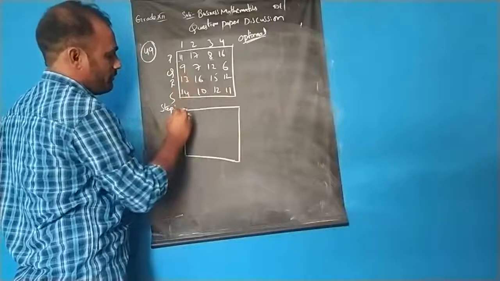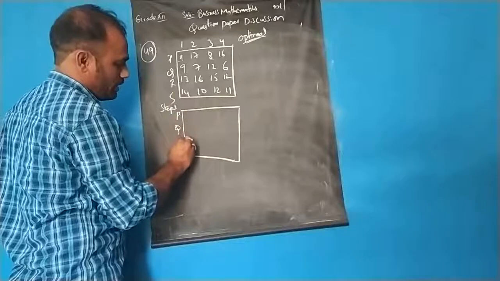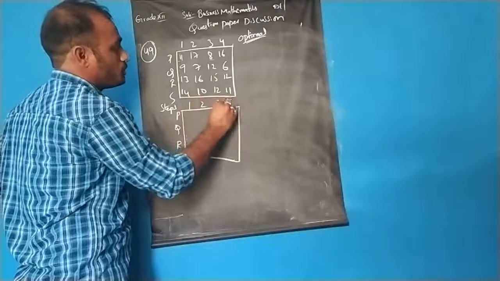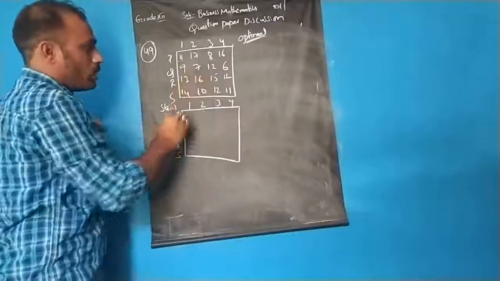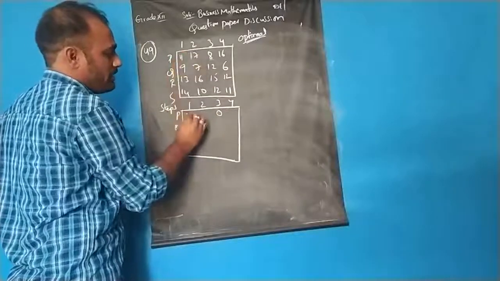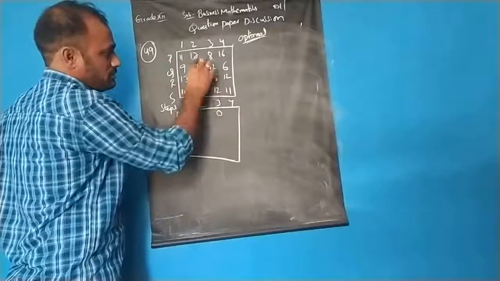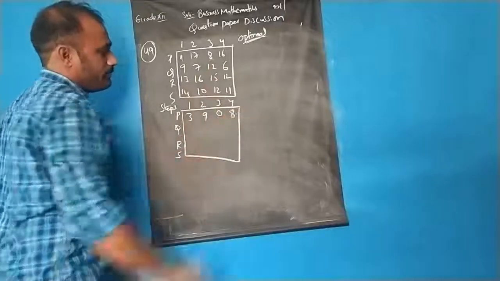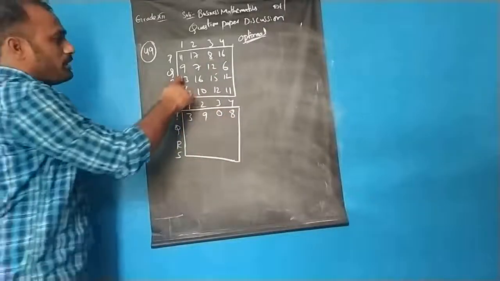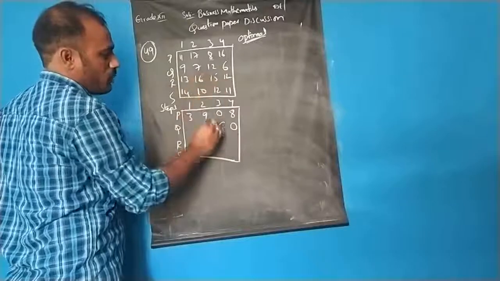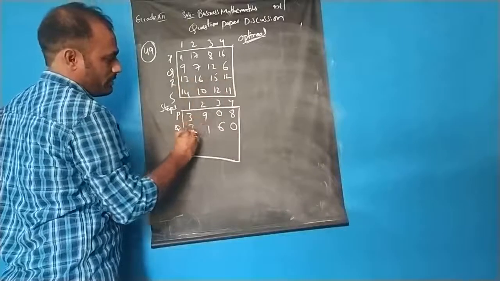So in this step 1, P, Q, R, S, and 1, 2, 3, 4. Here we are doing a row operation. 8 is the smallest number, so it will be 0. 8 minus 11 is 3, then 9 and 8. Here 6 is the smallest number, so 0, 6, 1 and 3.